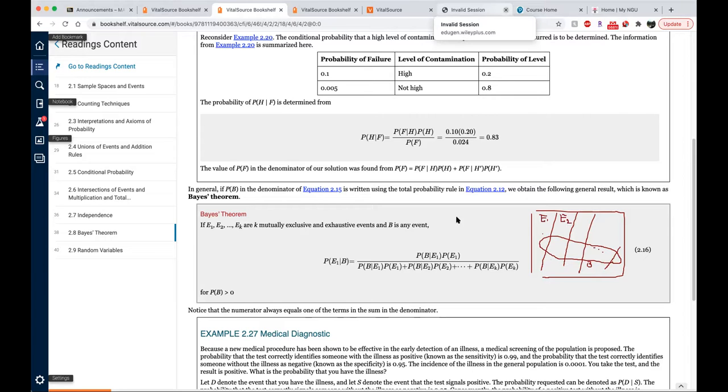Then the conditional probability of E1 given B can be expressed as the conditional probability of B given E1 times P of E1.